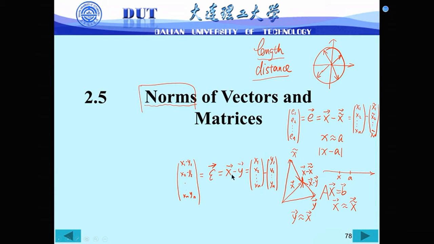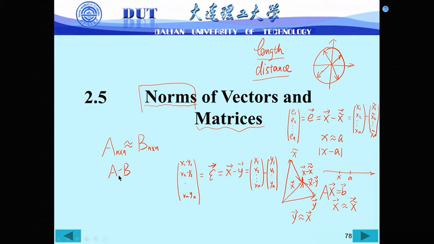In order to compare the error for vectors, we can also compare the errors between matrices. For example, A is an n by n matrix, the exact matrix. We can also consider its approximation, for example B, another matrix. We use B to approximate A. Now we need to estimate the error, which is also a matrix.